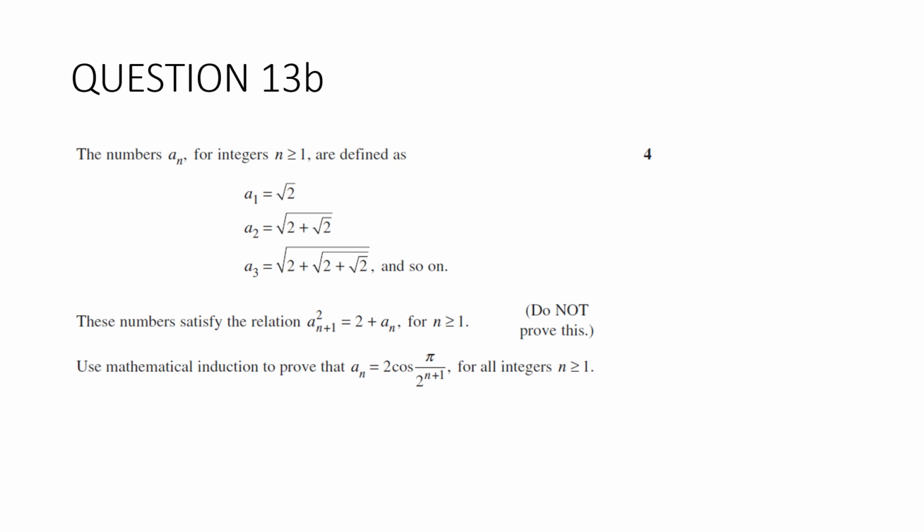So we're going to start off by showing it's true for n is equal to 1. So this is the statement we're trying to prove here. So a1 would be equal to 2 cos pi over, and we've got 2 squared is 4.